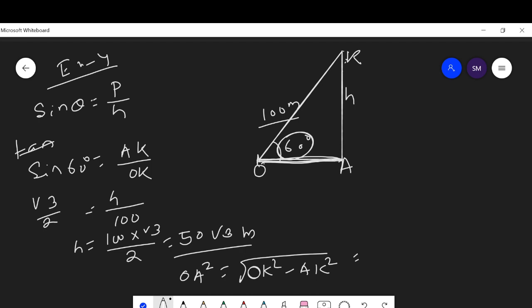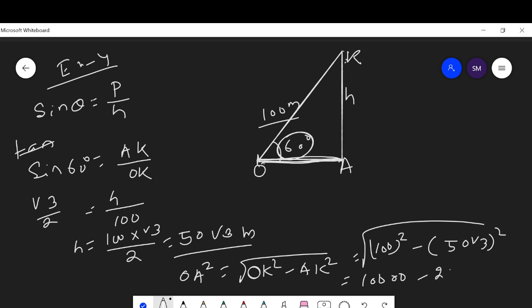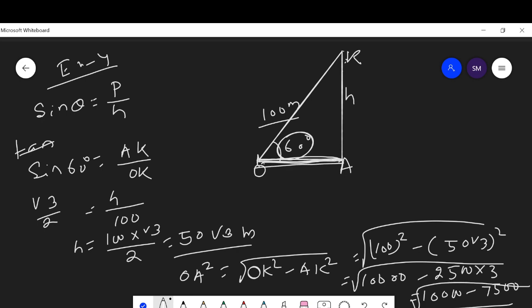OK is 100, so 100 squared minus AK, which is 50 root 3, squared. That is 10,000 minus 2500 into 3, which is 10,000 minus 7500. By solving this, we can get the length of OA. Okay, then next question.